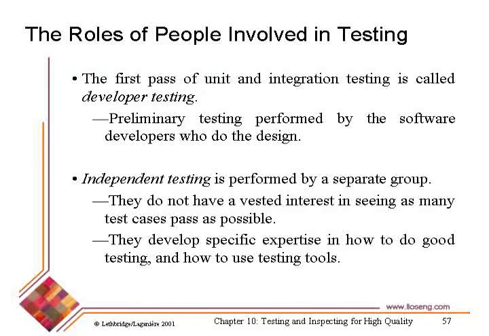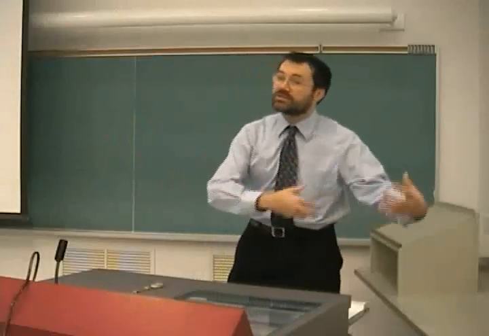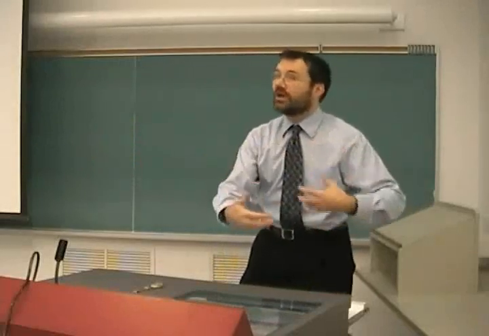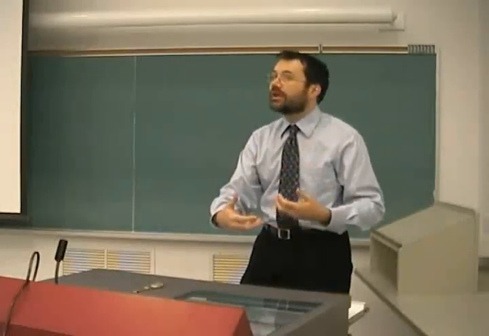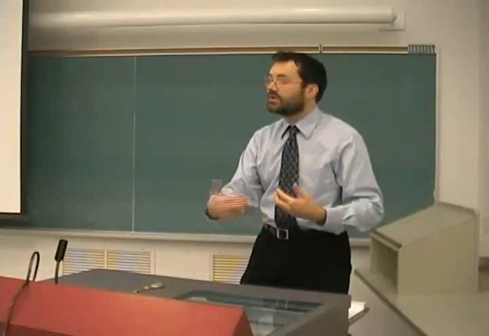And the reason for that is that the person who's got an independent perspective on the software is going to find bugs, is going to think of things that the developers never would have thought of. Okay? So you need somebody who's got an outside view, who hasn't really been involved in the design, so that they can find bugs that the designers wouldn't have thought about more easily.